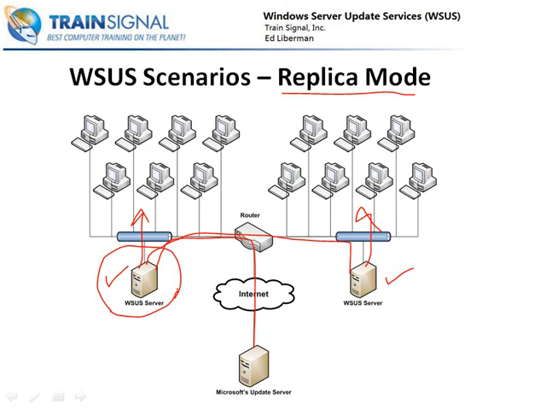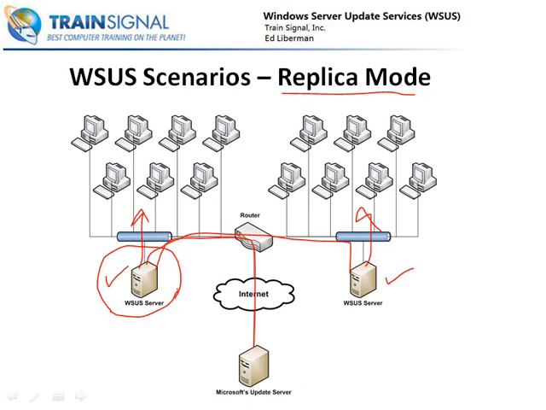Matter of fact, I will say these last two, autonomous mode and replica mode scenarios, are probably the two most common scenarios out there because most of our networks are going to be too large for a single WSUS server, while at the same time we don't want complete independence.